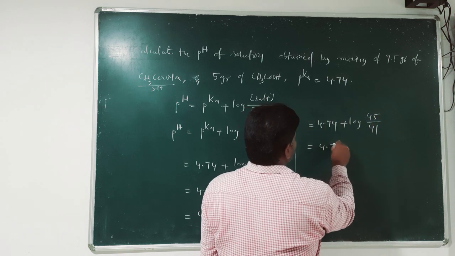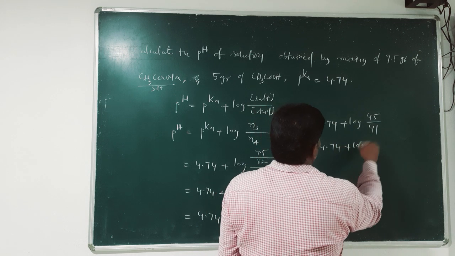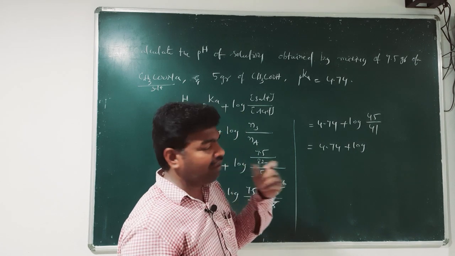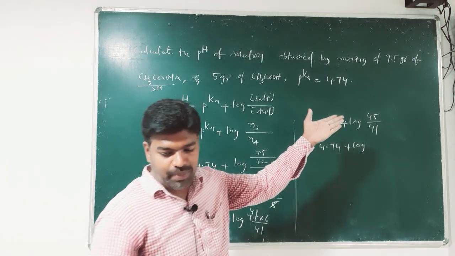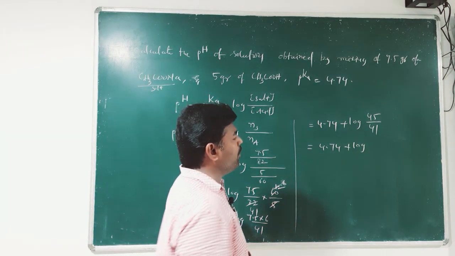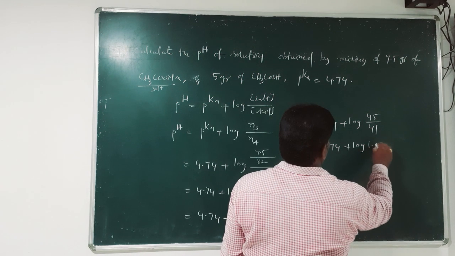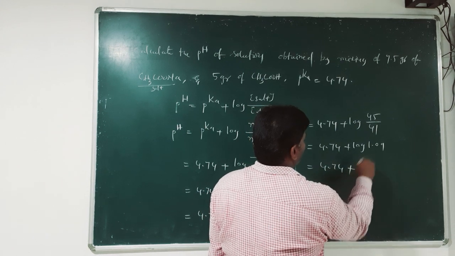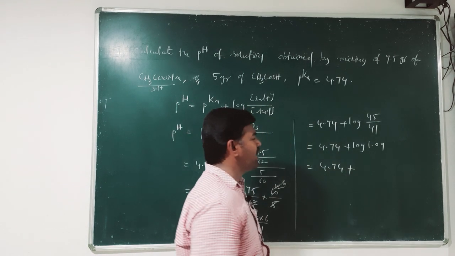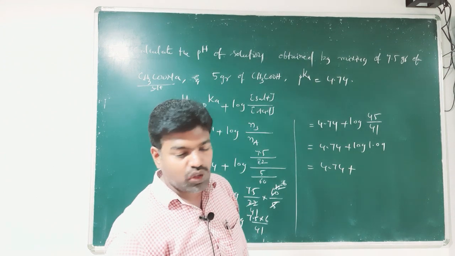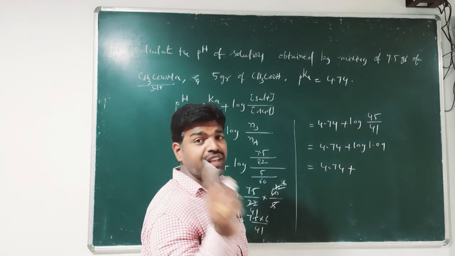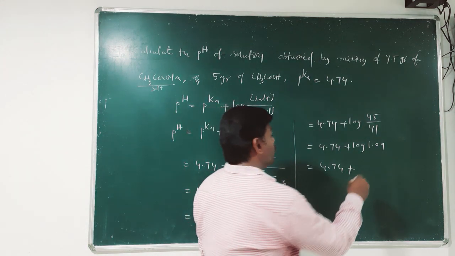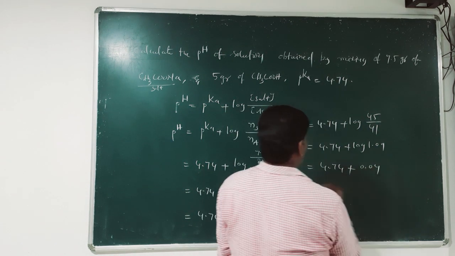So 4.74 plus log of 45 by 41, and that fraction comes out to be 1.09. So 4.74 plus log 1.09. Actually log 1 is 0, but log 1.09 is about 0.04.